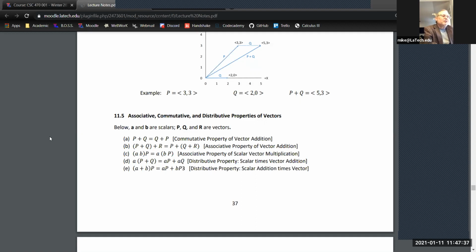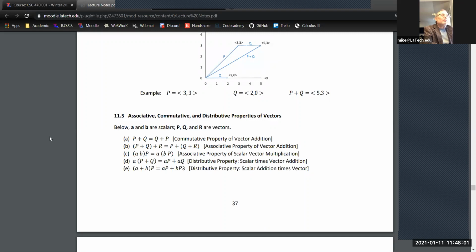P plus Q, do that operation, and then add in R. Well, that'll give you the same result as if you had added Q plus R, and then you took that result and added it to P. Same thing. So it doesn't matter the order in which you add together the P, the Q, and the R.